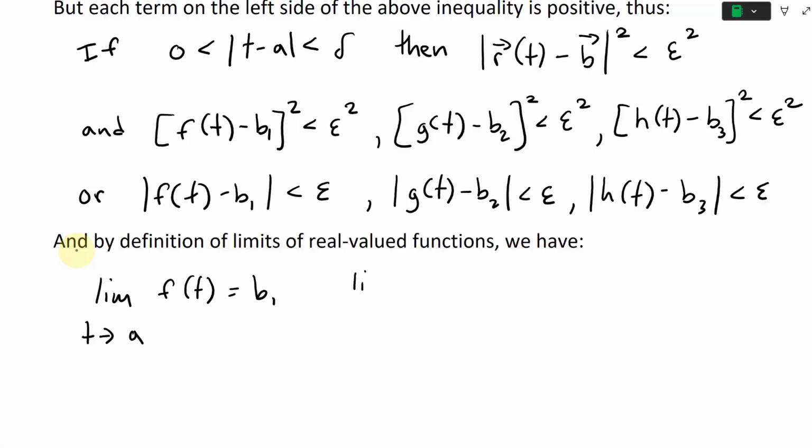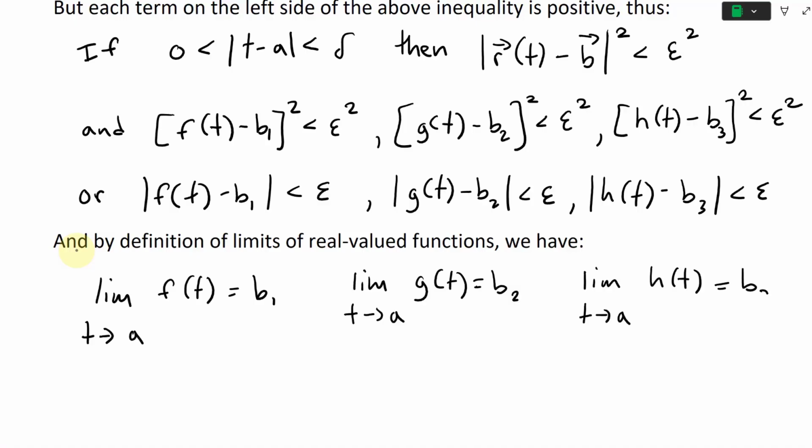The limit as t approaches a of g of t equals b2. And the limit as t approaches a of h of t equals b3.